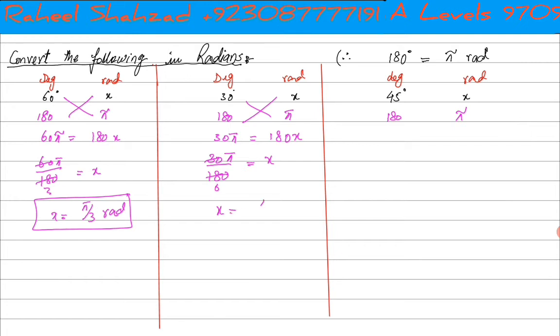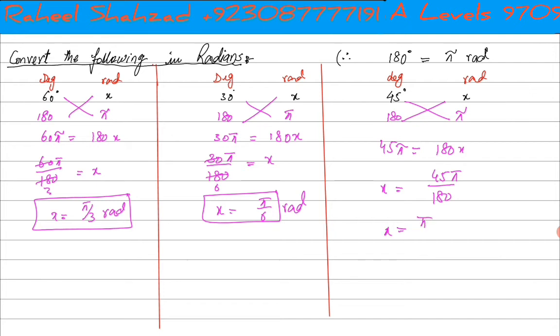So x is equal to pi divided by 6 radians. Similarly, 45 degrees we need to convert. It is 45 pi is equal to 180x, so x will become equal to 45 pi divided by 180. So x is equal to pi divided by 4 radians. So that's how we convert from degrees to radians.